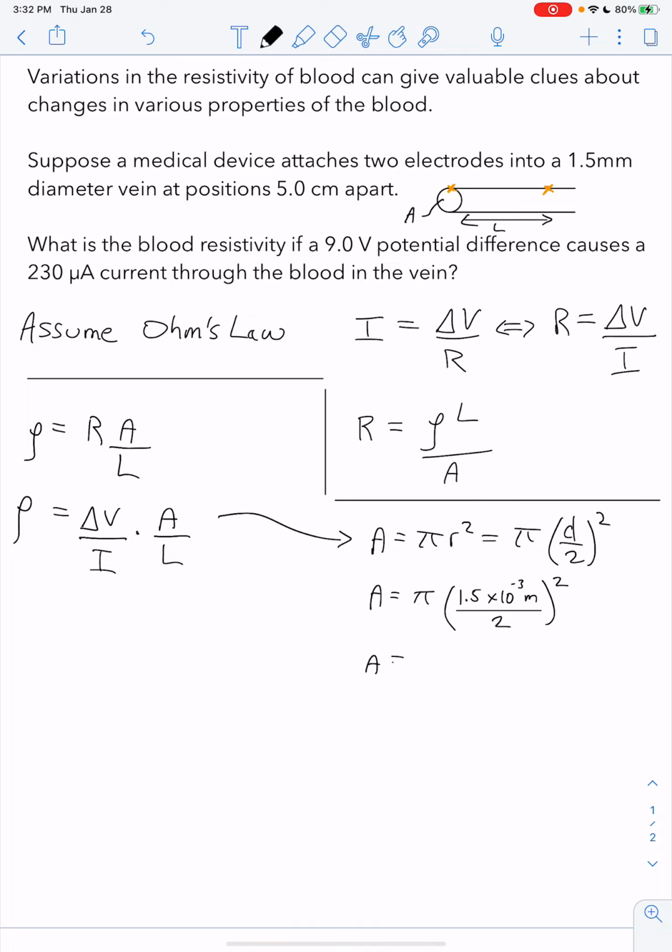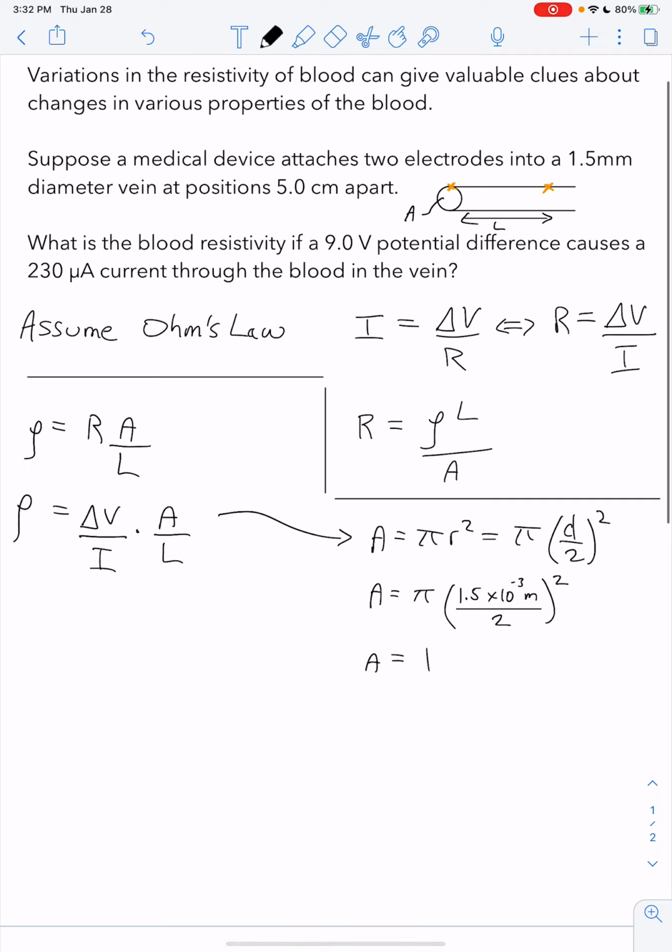So then we have an area that works out to 1.77 times 10 to the negative 6 meters squared. So we've made sure to stay in standard SI units from the millimeters. Okay, I'm just going to keep this a little bit separated out here.